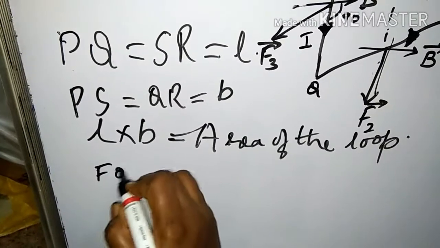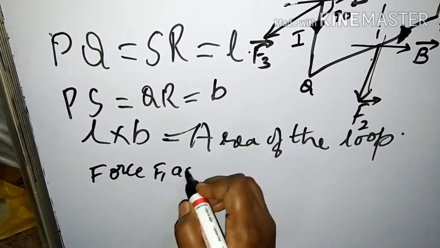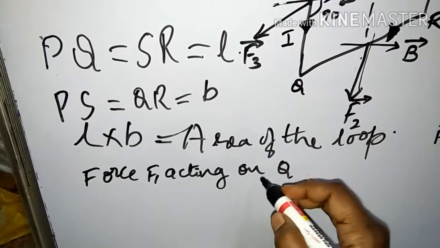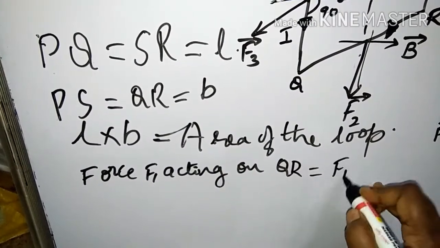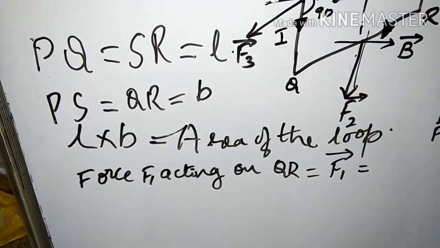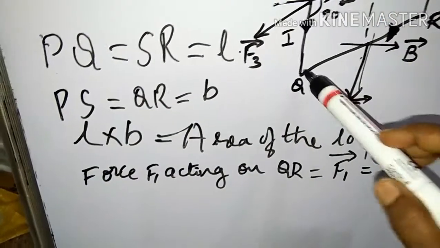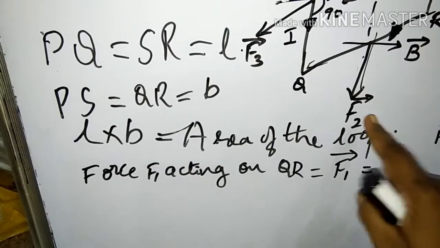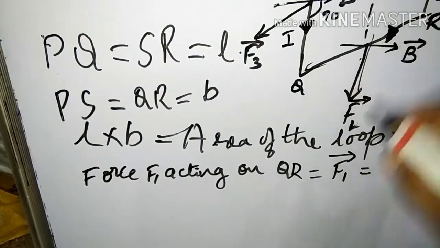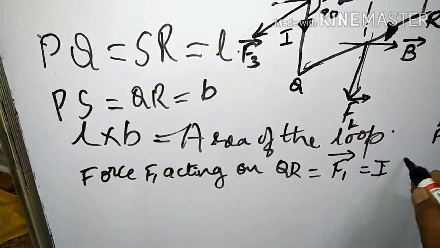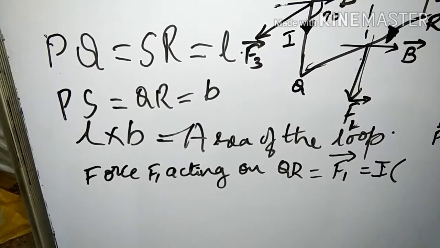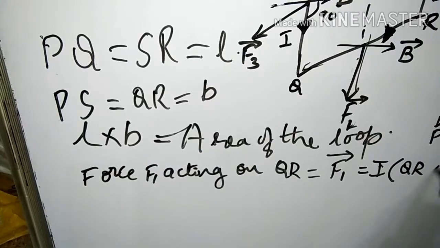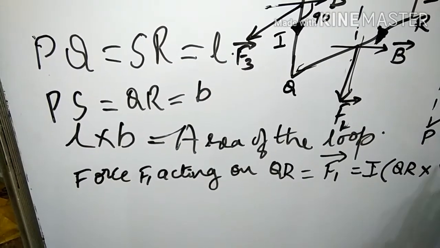F1 vector equals the current I into the length QR, cross B vector.